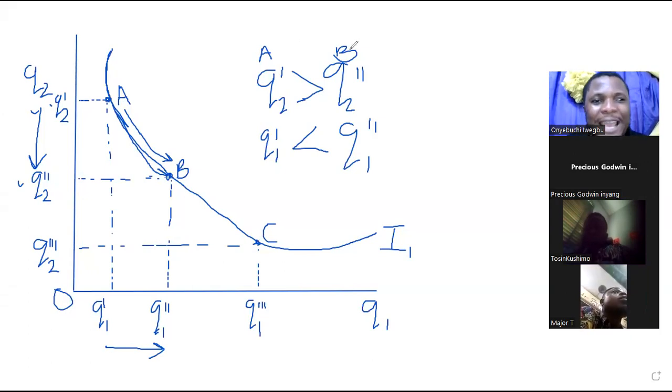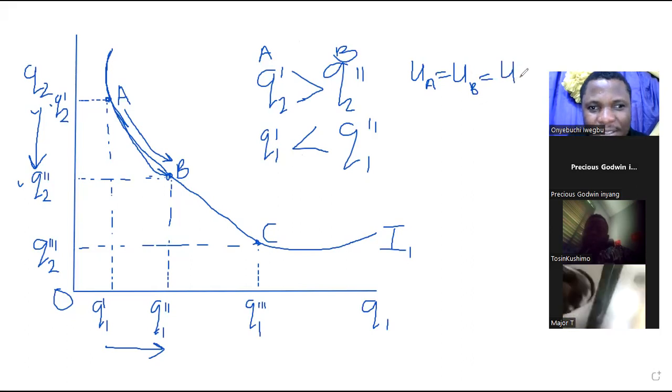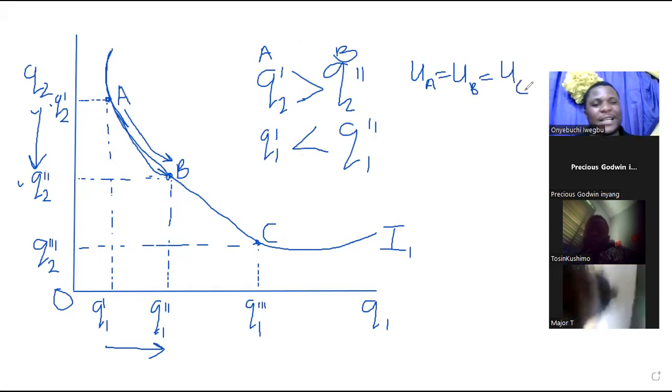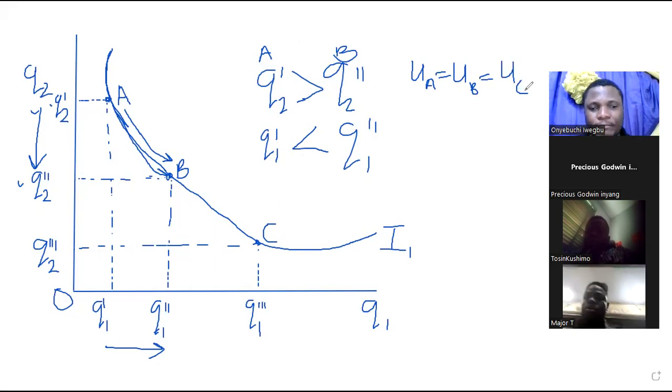So my utility at point A is equal to my utility at point B, and is equal to my utility at point C. So my level of satisfaction does not change, although my quantity of commodities consumed changed.